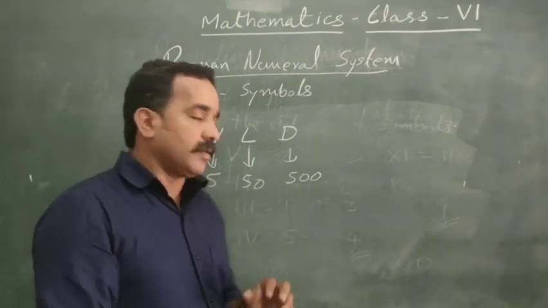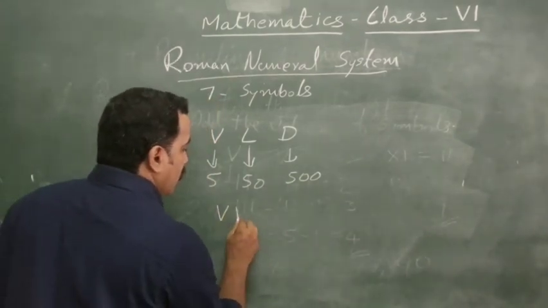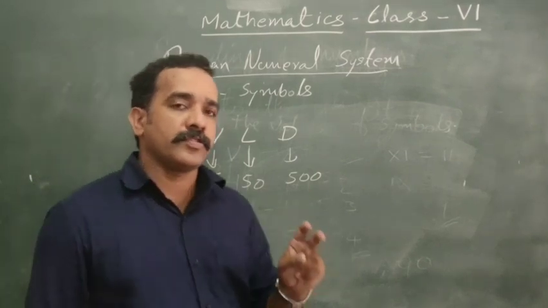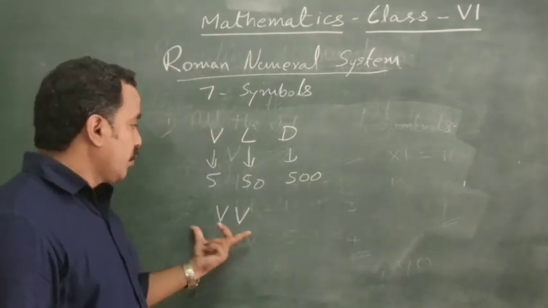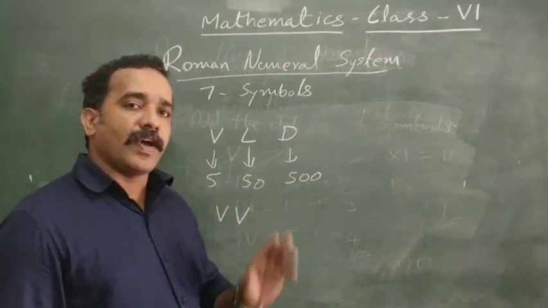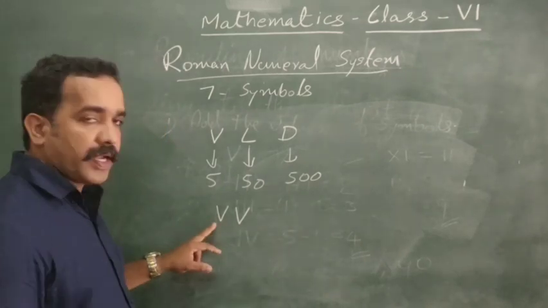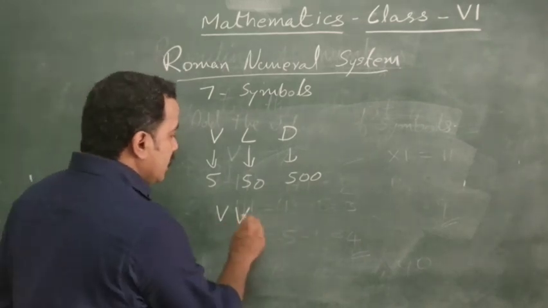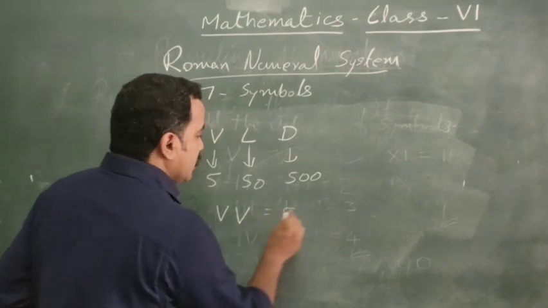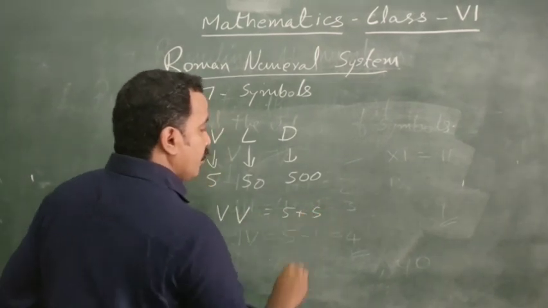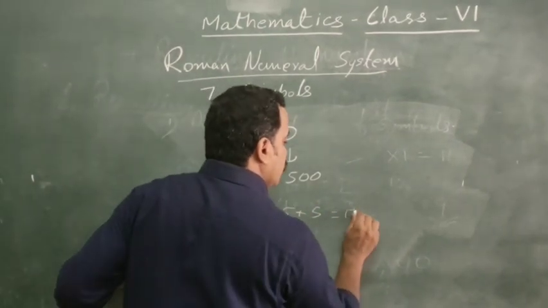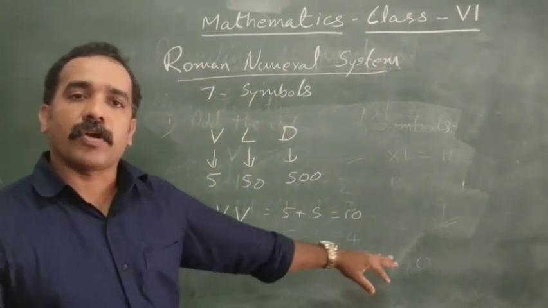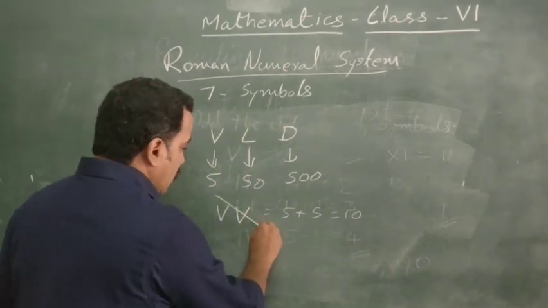To make 10, I told you whenever we are writing two symbols using the Roman system, we add the values to form the number. Suppose I am writing VV, the value of V is 5 and this V is also 5. If you add 5 plus 5, it should be 10, but this is wrong. We cannot do it like this.